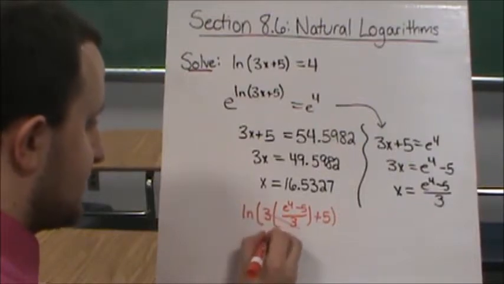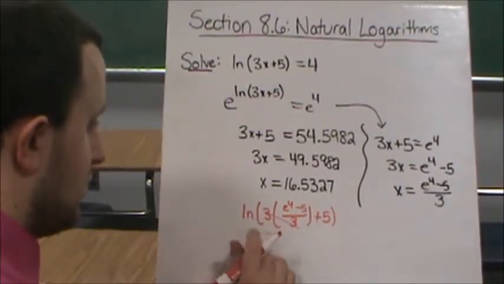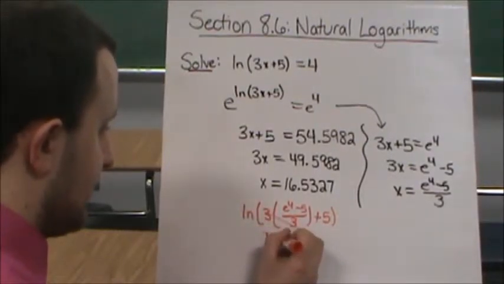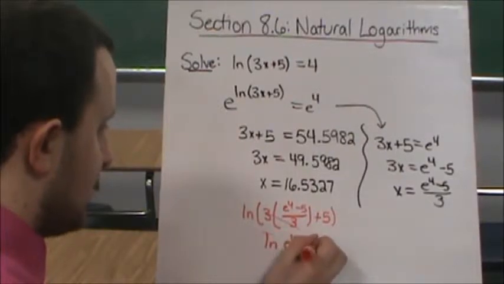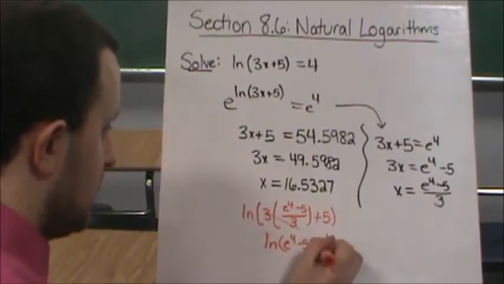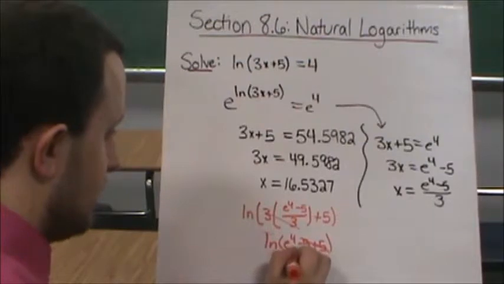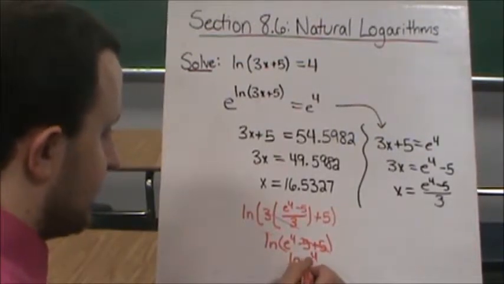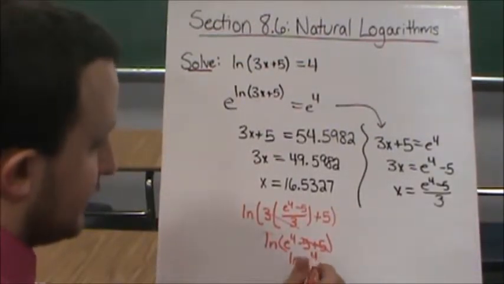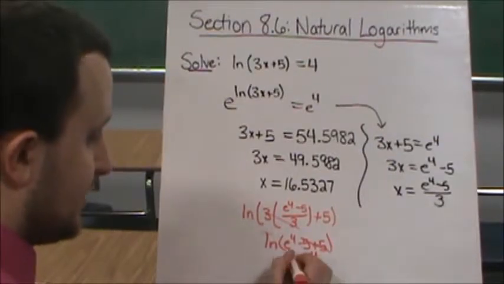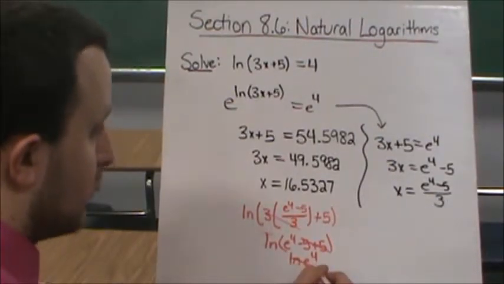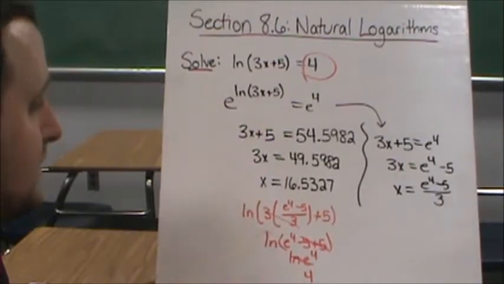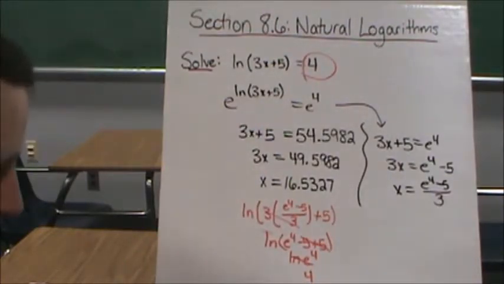The 3's cancel, so you're left with an ln of e to the 4th minus 5 plus 5. The 5's cancel. You're left with an ln of e to the 4th. Well, ln and e are inverses of each other, so they will cancel out. We have 4, and we have a 4 up top, so that works. So that is a valid solution.